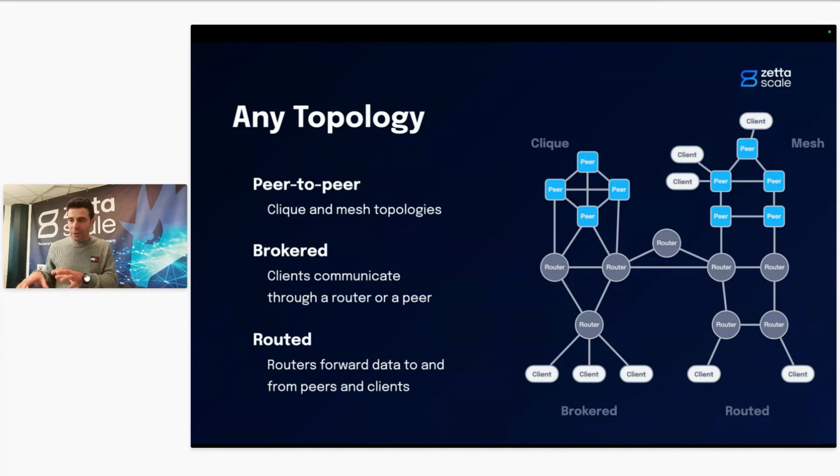So this is interesting because all of a sudden, you can build systems in which you support mesh topology and in which some devices are extremely constrained, and they would pair up with the closest peer and use that peer to communicate with other peers and other clients. So that's quite powerful. So I'll give you an example, just to quote some other news that maybe most of you heard recently.